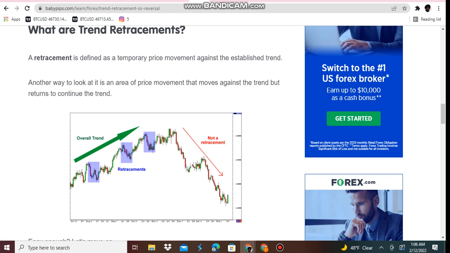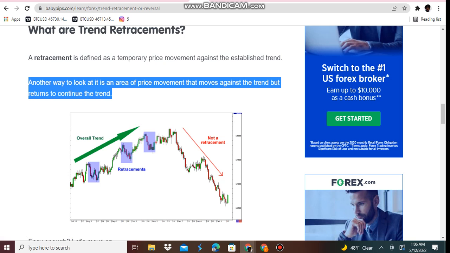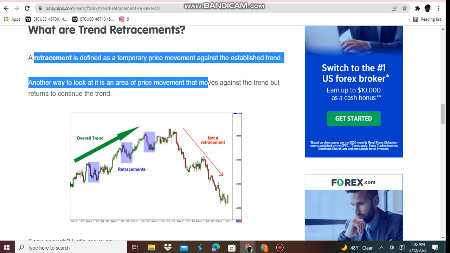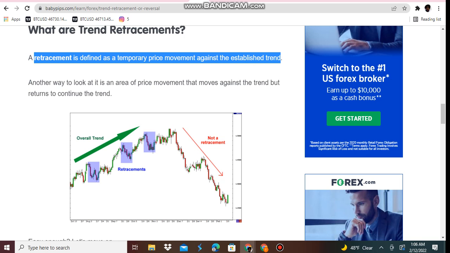Another way to look at it is an area of price movement that moves against the trend but returns to continue the trend. It moves against the trend, but it's going to return to the overall trend. Extremely important.